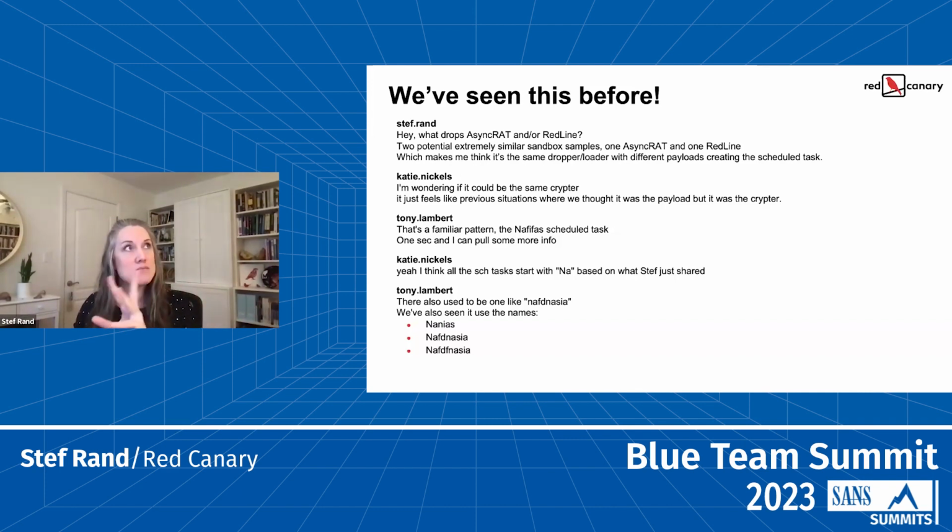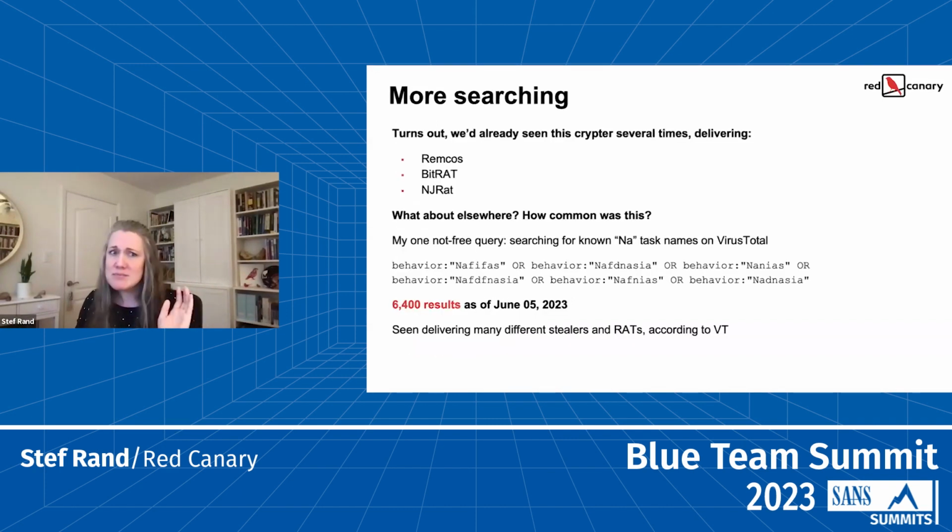We had not split it out as separate from the payloads, but we had seen these kinds of weird task names before. And we'd seen it deliver rimcoast rat, bitrat, and njrat. So, okay, this is really interesting. We were building up the number of payloads that we've seen this thing, whatever it is, deliver. And this is my one not-free query that I'm including in here, mostly just to tell y'all how prevalent it is.